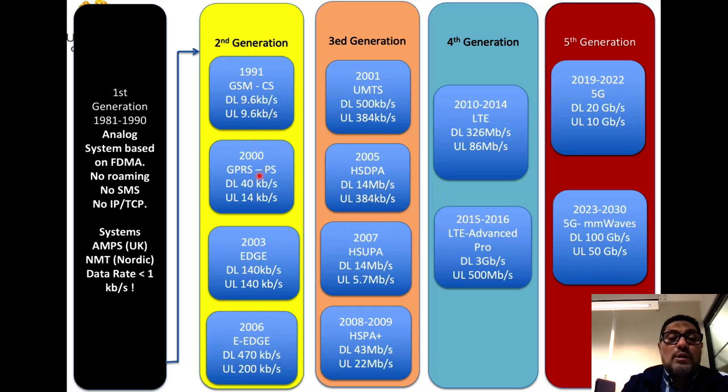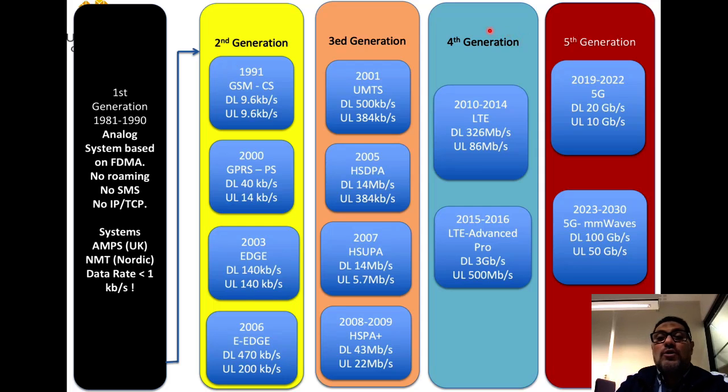It was also developed with GPRS, EDGE and enhanced EDGE, where we reached up to 200 kilobit per second in the uplink by 2006. Then by 2001, the UMTS standard started, where by 2009 it was able to achieve up to 22 megabit per second in the uplink.